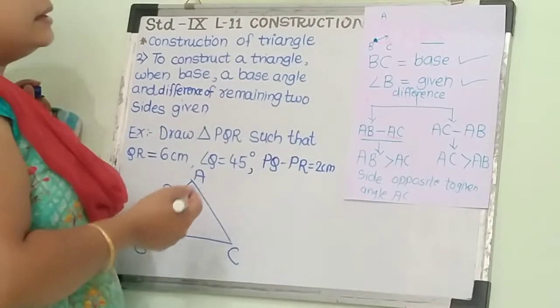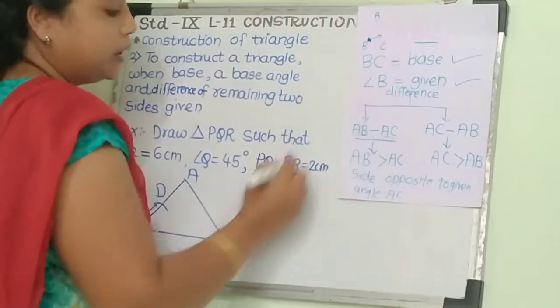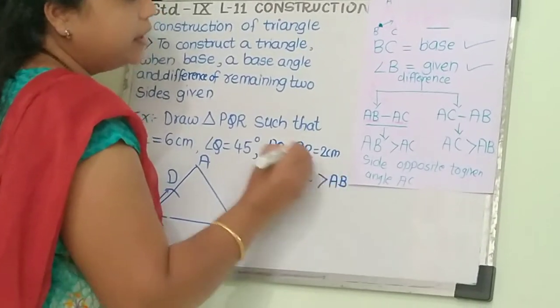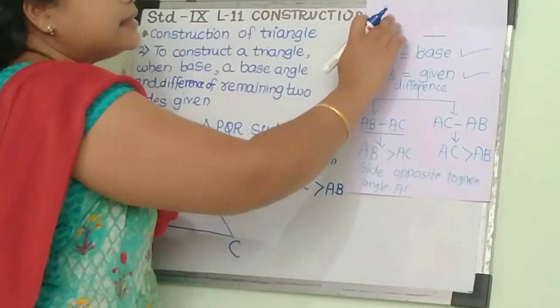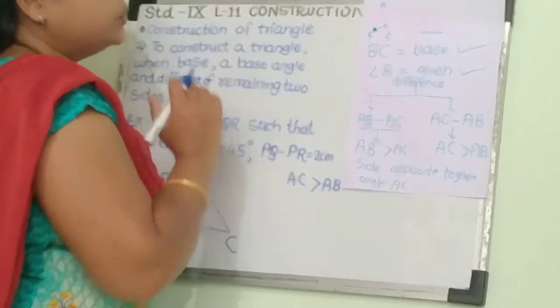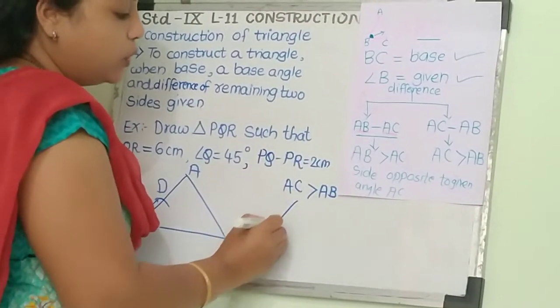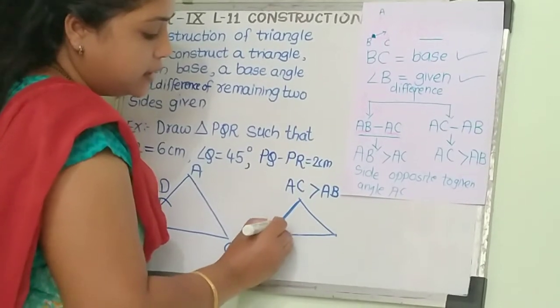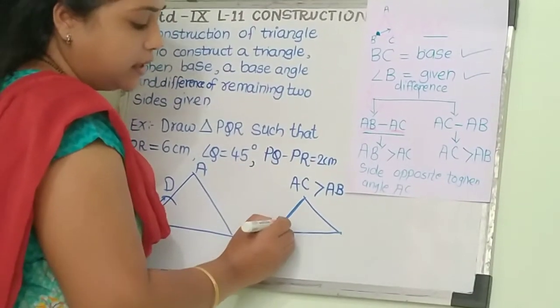And in the second condition, what? Here AC is greater than AB and AC is exactly opposite to the given angle. So here we have to take the difference. Suppose here the given angle is there.